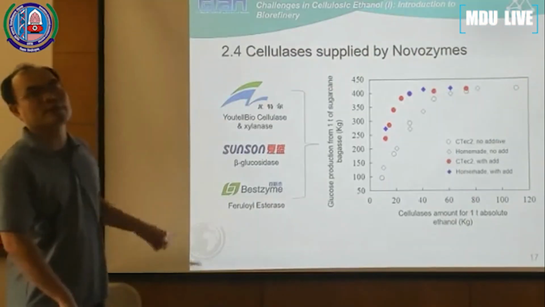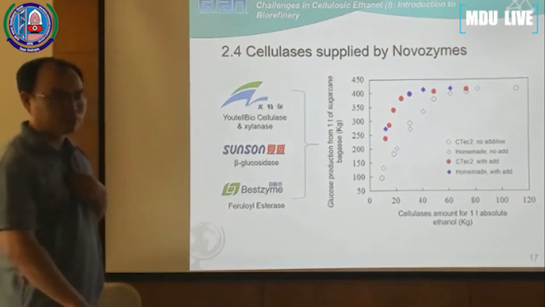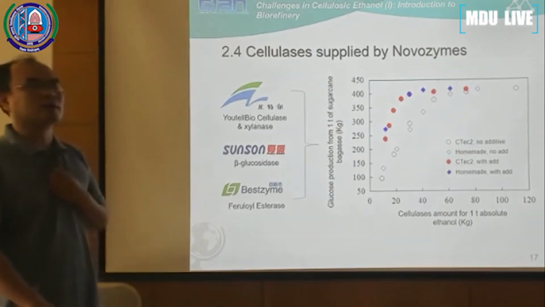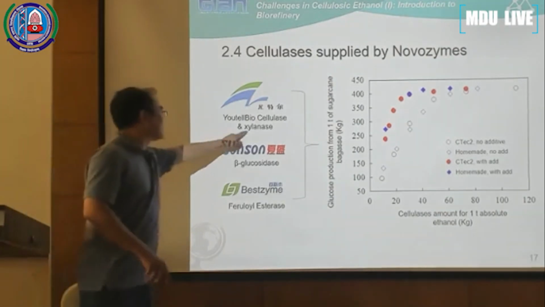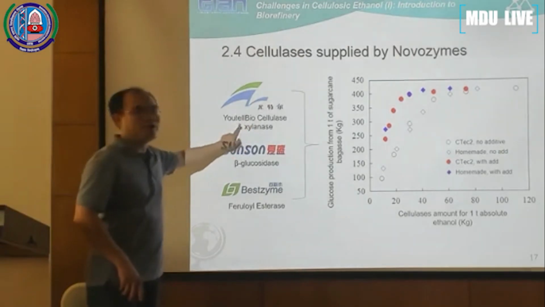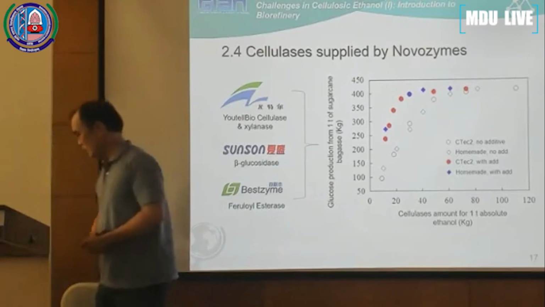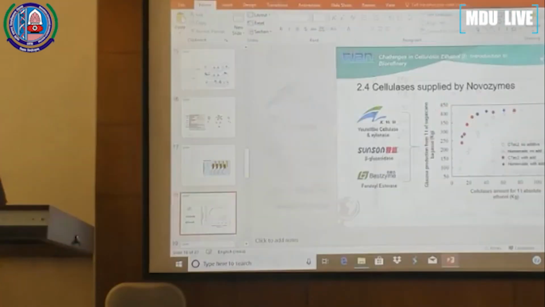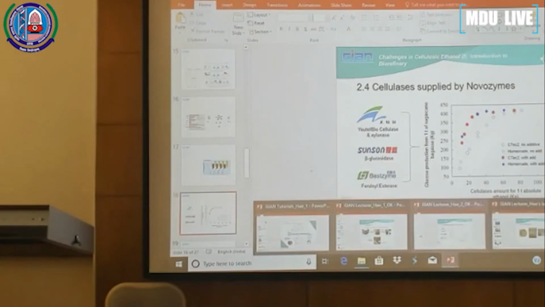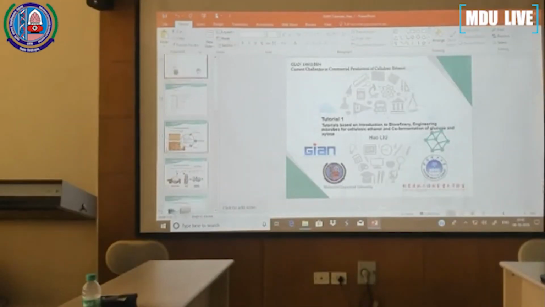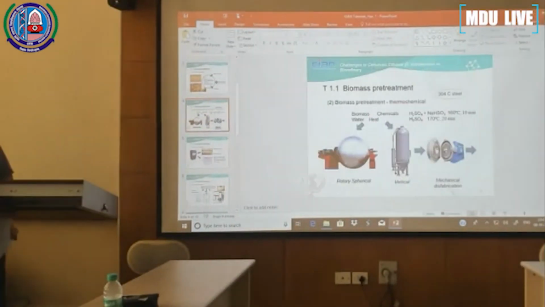Because in my pretreatment, I often use acidic pretreatment. Most of the xylan, at least half of the xylan, is degraded by acid. There are a lot of technical problems if we use acidic pretreatment.